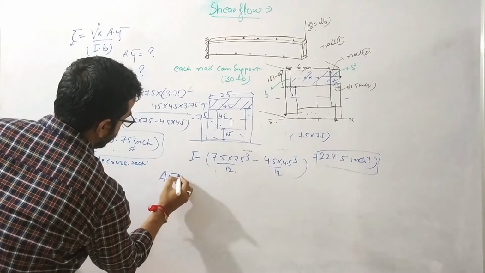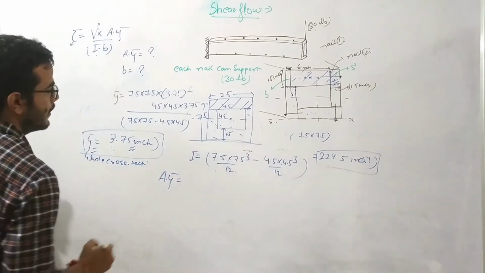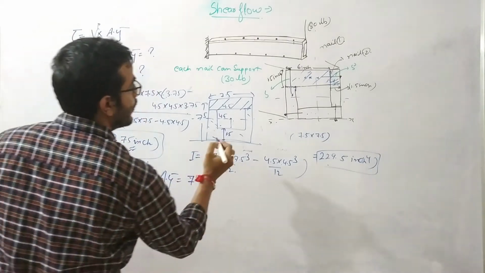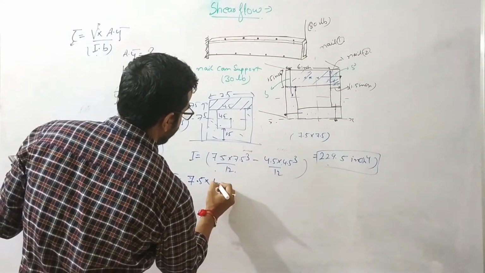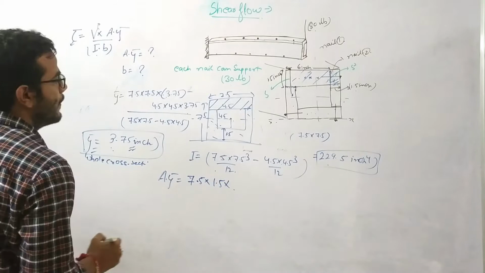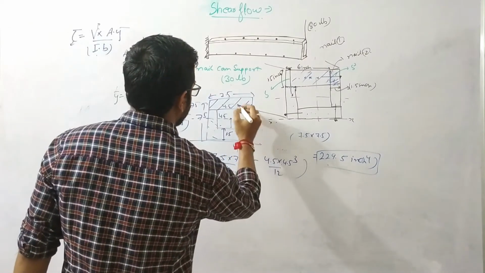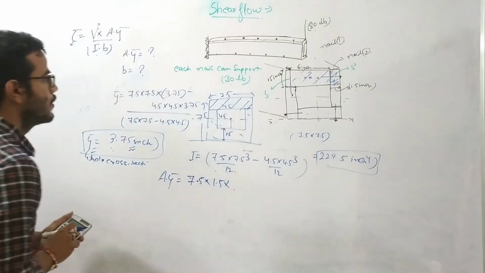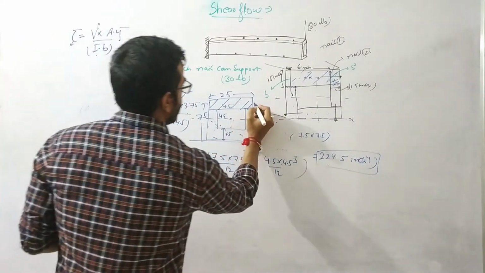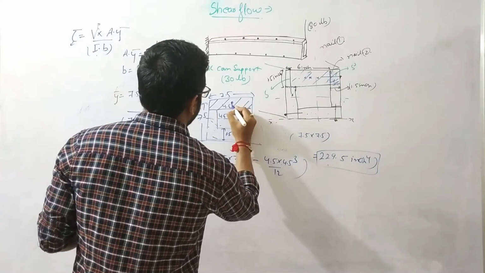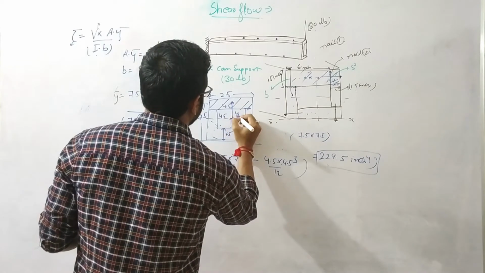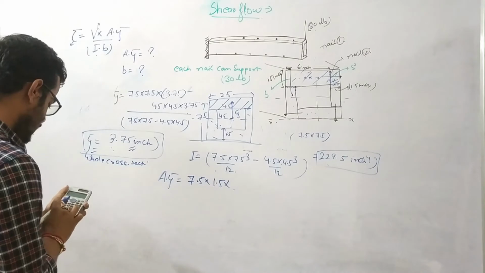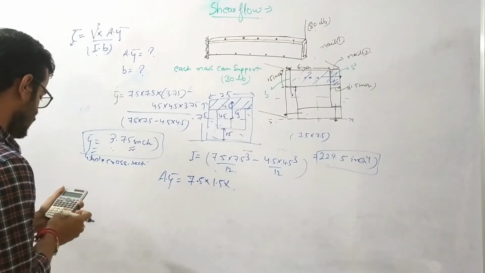A y bar is, A is 7.5 into 1.5, and what will be the y bar? This is the y bar from this point: 3.75 minus 1.5 divided by 2.